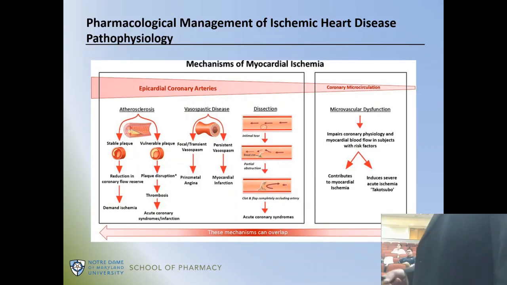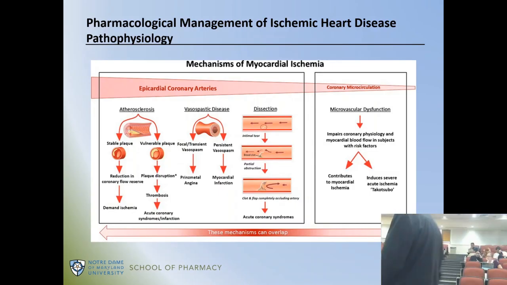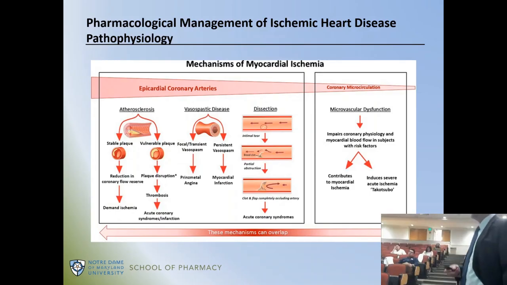This is all happening in those large surface epicardial coronary arteries. Now over here, in the coronary microcirculation, these are in the arterioles, the much smaller, tinier arteries. You can get what we refer to as microvascular dysfunction. So occlusion of not only the large coronary arteries can occur, but blockage of these microvessels can too.